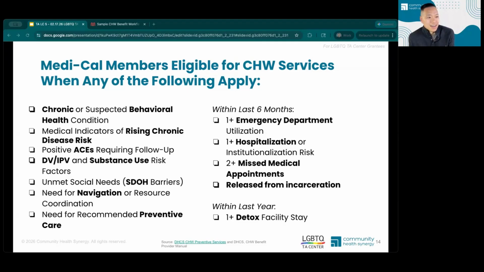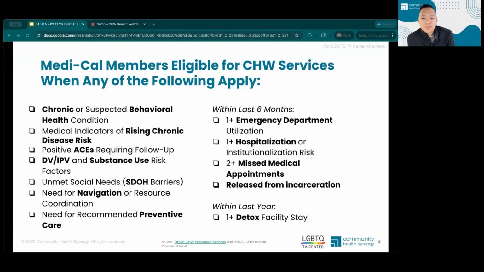So, quiz time. Do folks remember Ms. Martinez's qualifications when we described her story at the beginning of the session? This is a very comprehensive list of eligibility criteria for folks who can receive CHW services. When any of the following is checked off, they immediately qualify for CHW services.